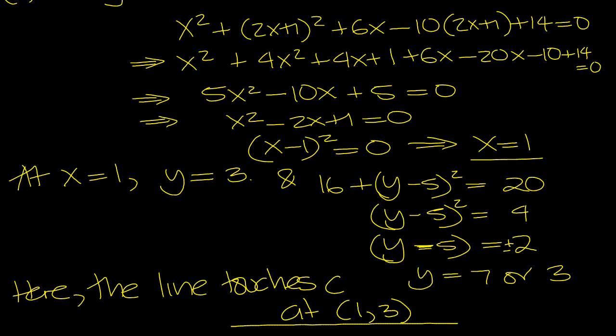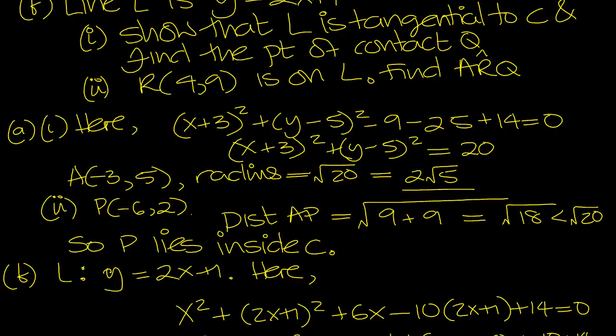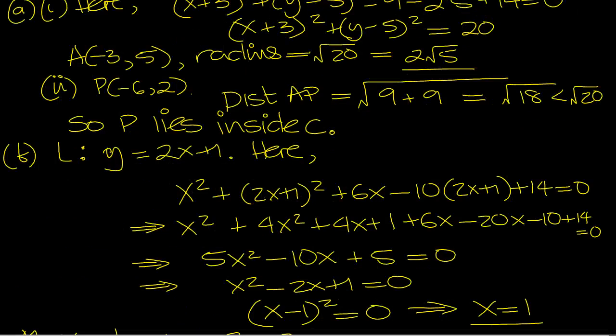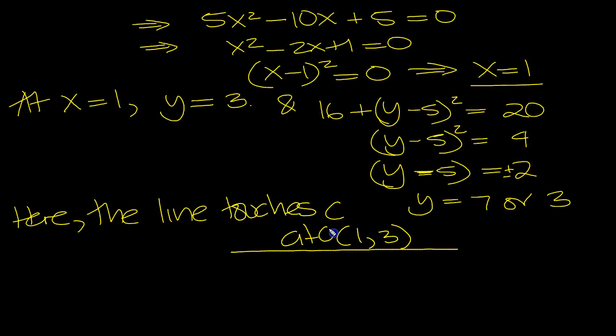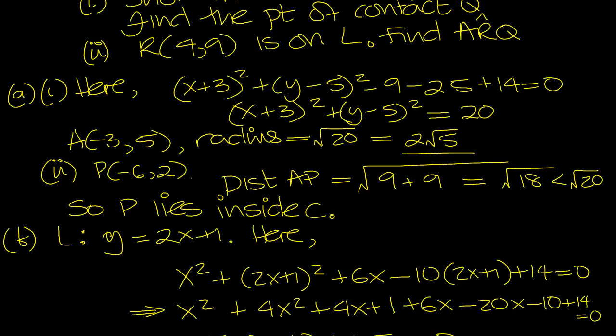There's a single line. Okay, so that's that part done. Find the point of contact of Q, which we've done there. Last part then. Okay, let's go back up. Last part 2.